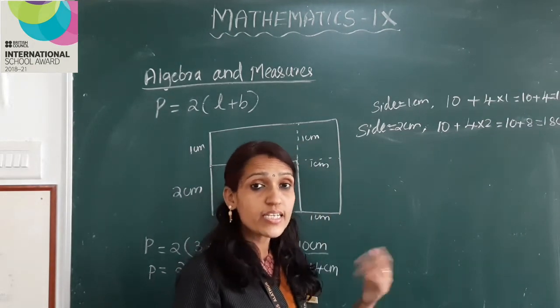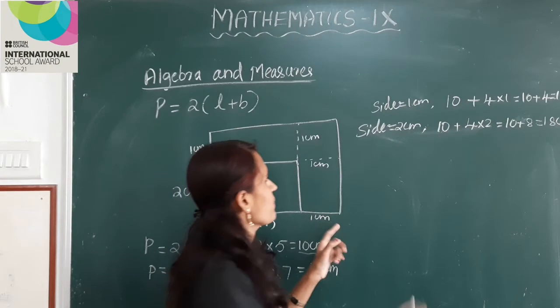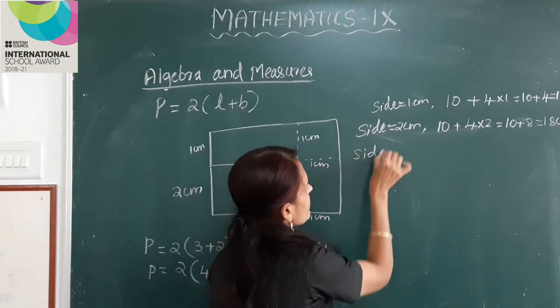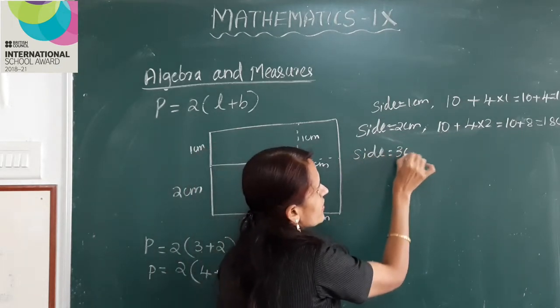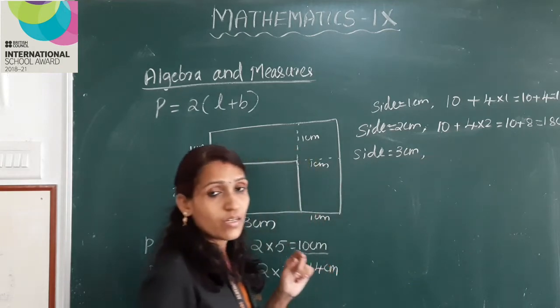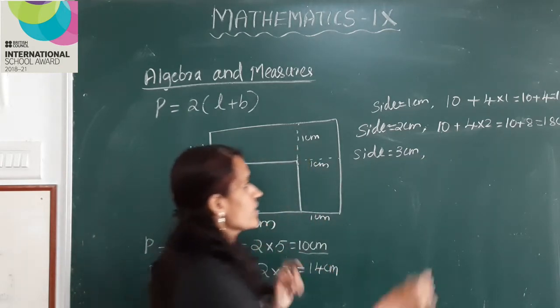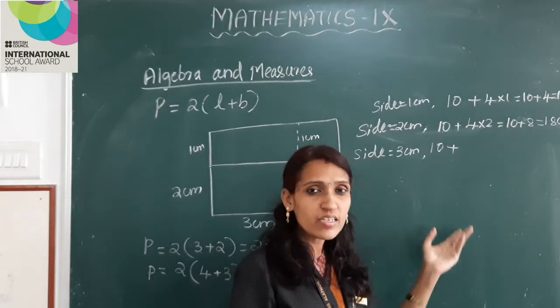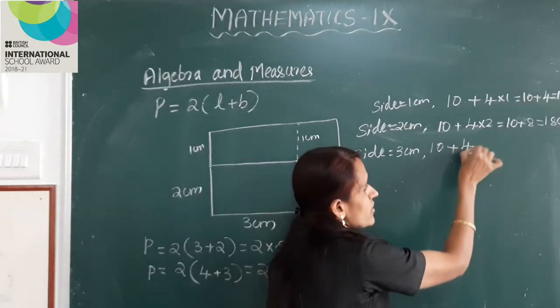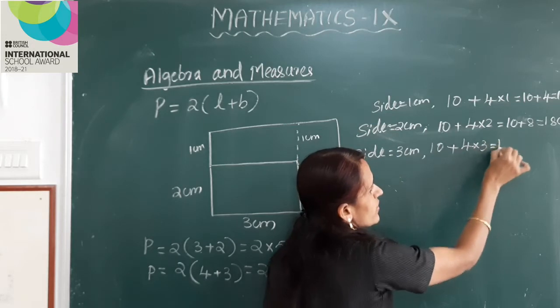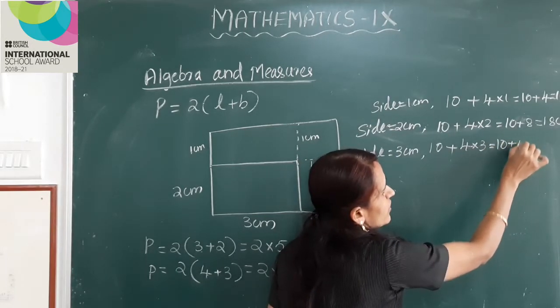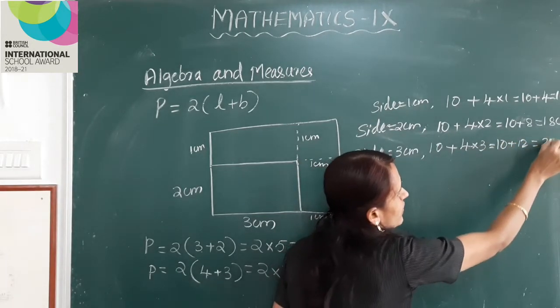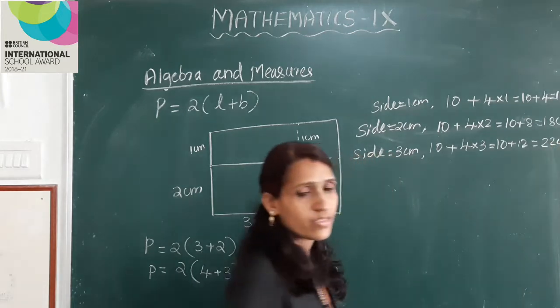If the sides are extended by 3 centimeter, perimeter of the original rectangle is 10 centimeter plus total increase, total increase is 4 into 3. This is equal to 10 plus 12 is equal to 22 centimeter.